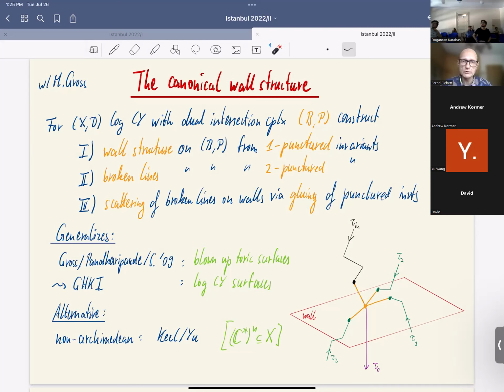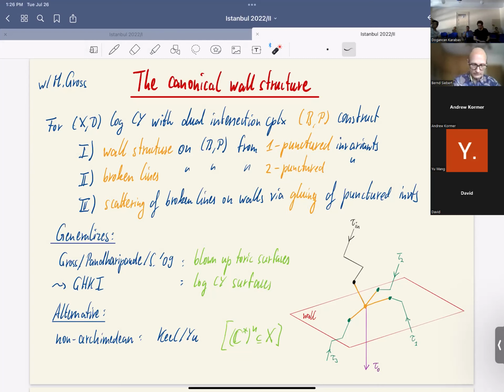So that comes beautifully from Yixian's gluing formula that tells you how to glue these one punctured invariants coming from the curve carried by the wall to the two punctured invariant for the broken line, okay, to extend your broken line. Very beautiful picture. I'm very happy, or we're both very happy that it came out so beautifully.